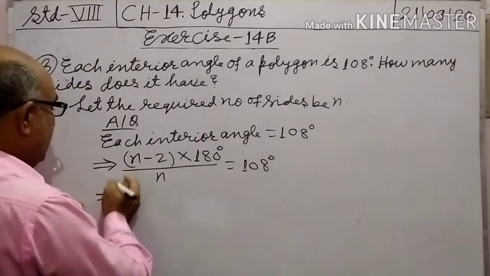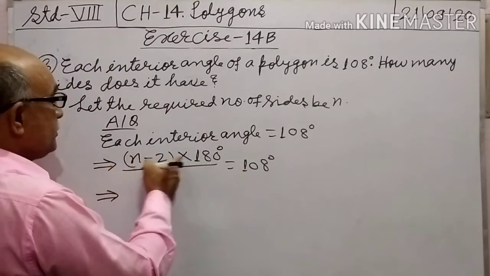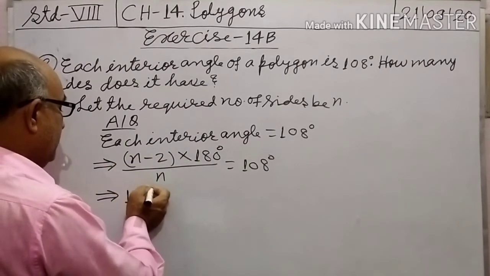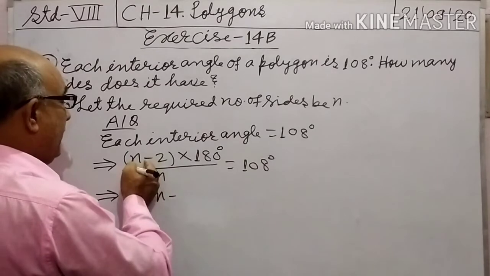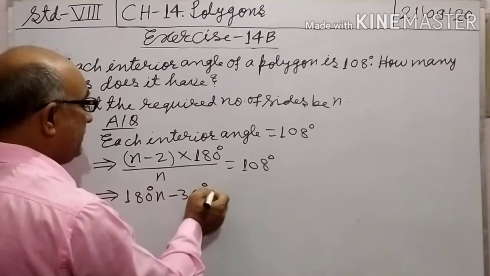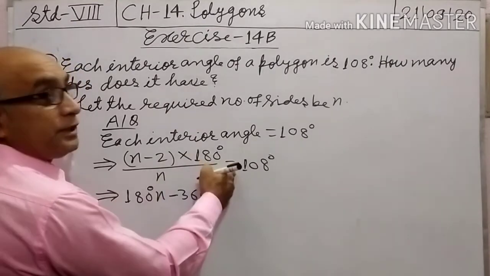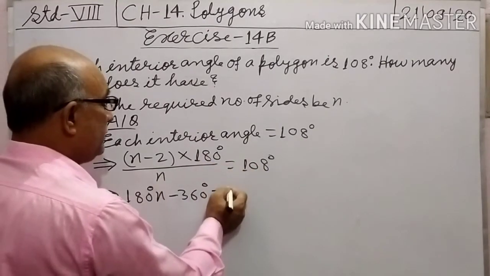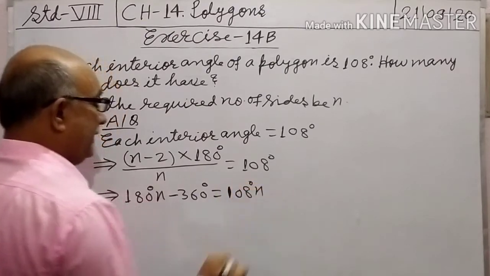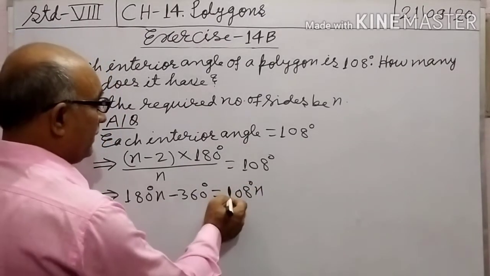Now, here remove the bracket, so 180 degree n minus 2 into 180 degree, that is 360 degree. By transposition, n changes into multiply, so 108 degree n.